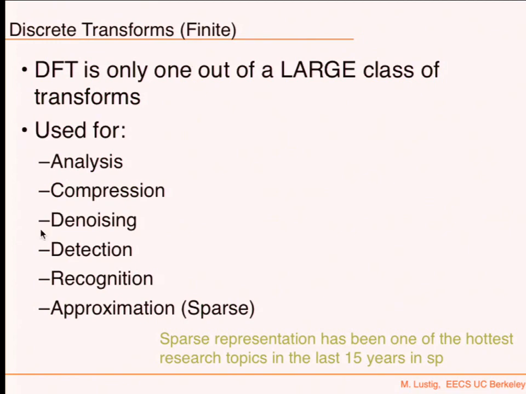Sparse approximation has been one of the hot topics in signal processing in the last 15 years: how to represent things in a sparse way. Taking a transformation that exploits some structure in a particular set of signals, your signal that could be spread out everywhere in time and space moves into just a small number of coefficients.